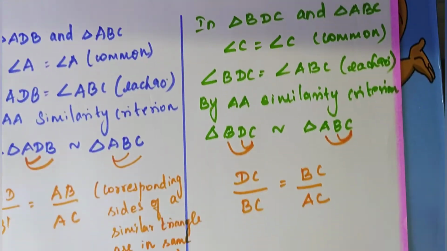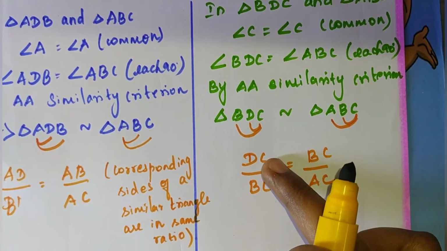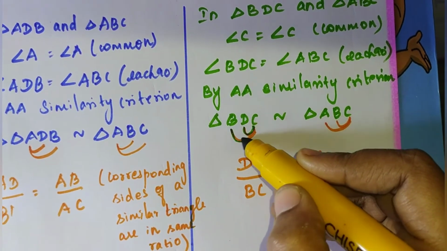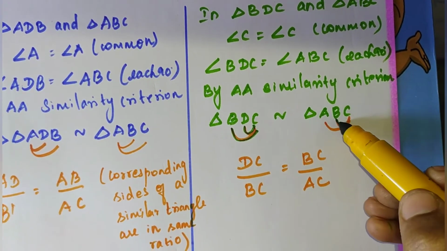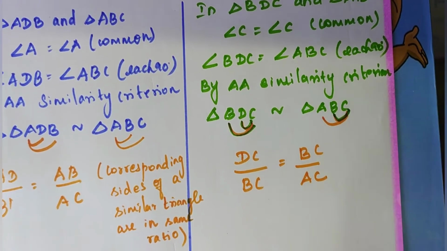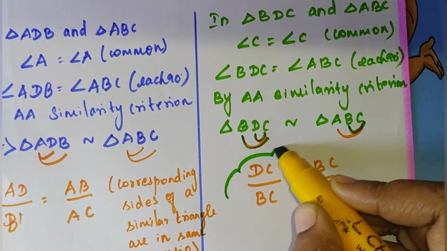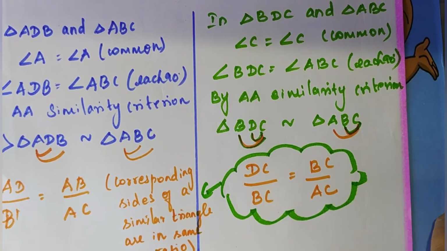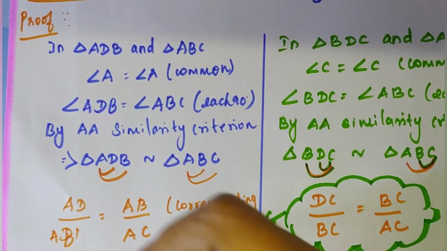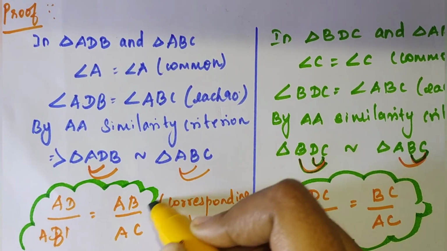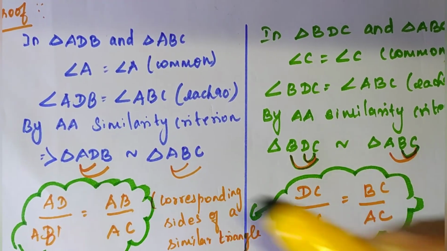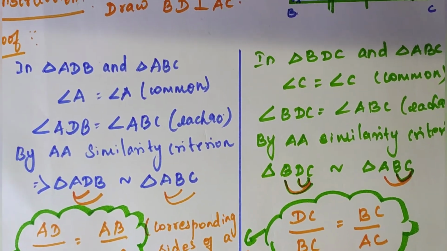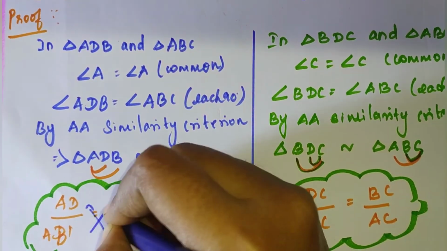DC divided by BC, BC divided by AC. Corresponding sides of similar triangles are equal. So from these two, we can find by cross multiplying.